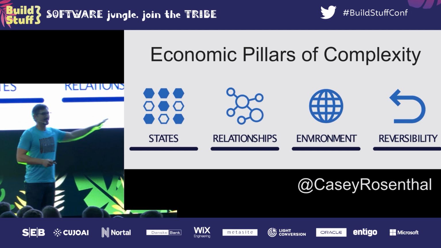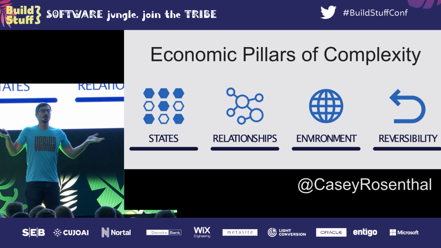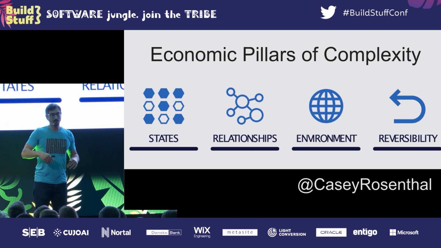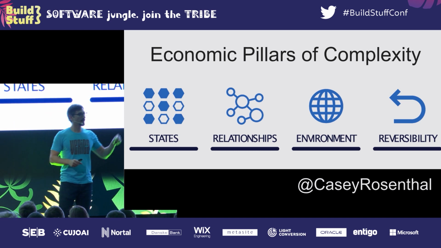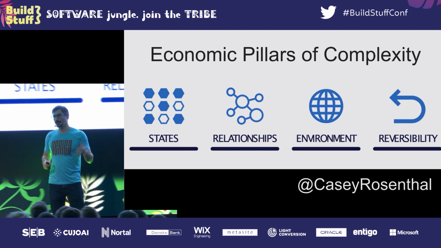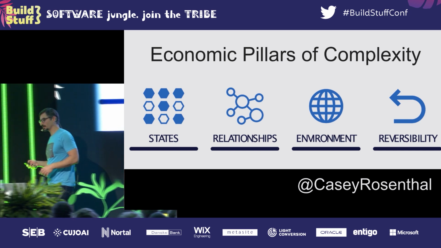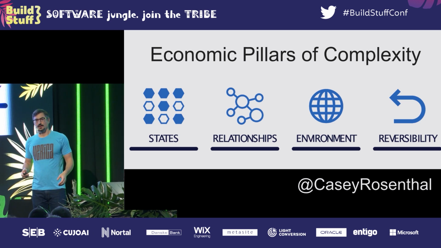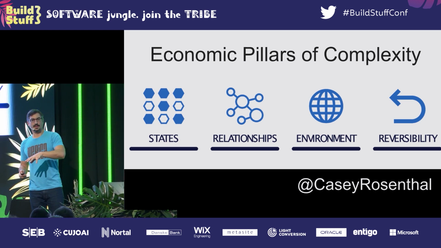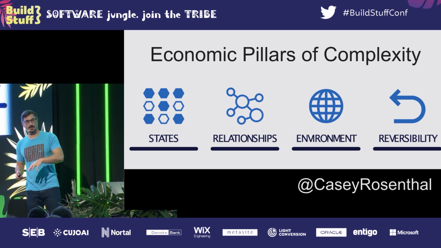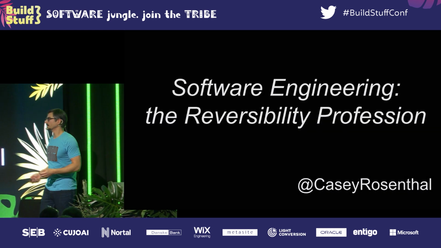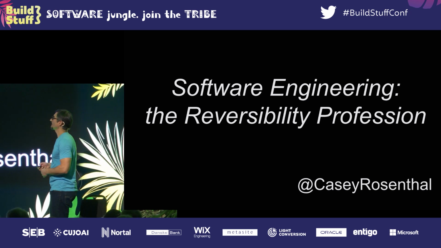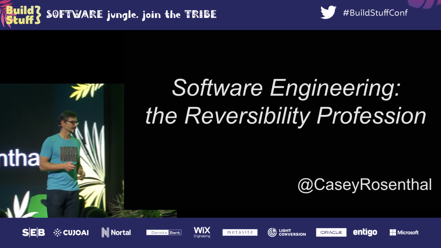So what's great about this is architecturally, we can make design decisions now that improve the reversibility of our complex systems, that will make it easier, it'll pay dividends, it'll make it easier for us to maintain those systems going into the future. Okay, that's the kind of thing that we need to optimize for, and we're on the verge of doing that. So we could say that software engineering is the reversibility profession.